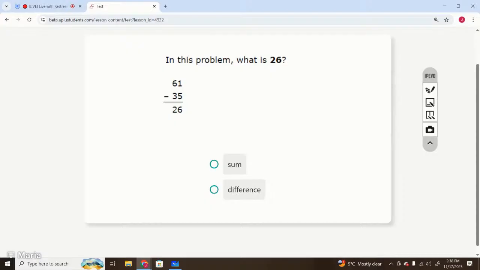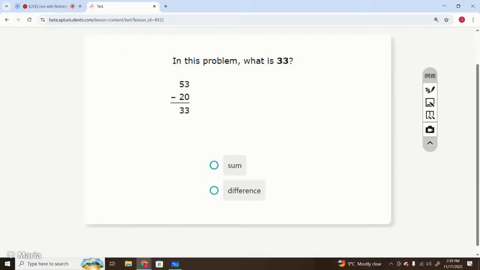In this problem, what is 26? 61 minus 35. 26 is the difference. Option number 2 is the correct option.